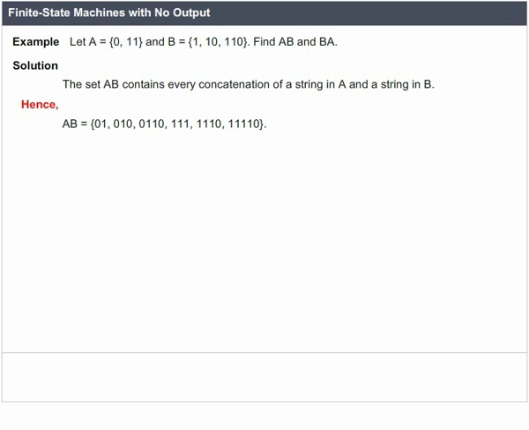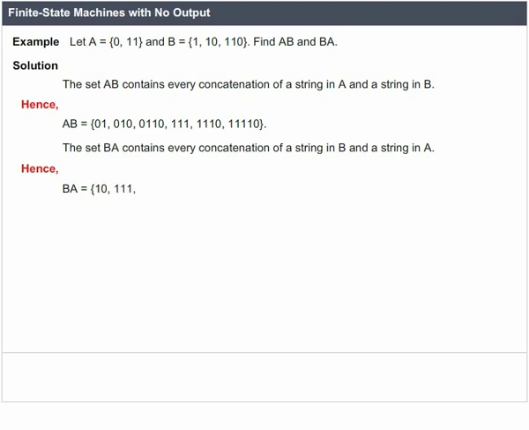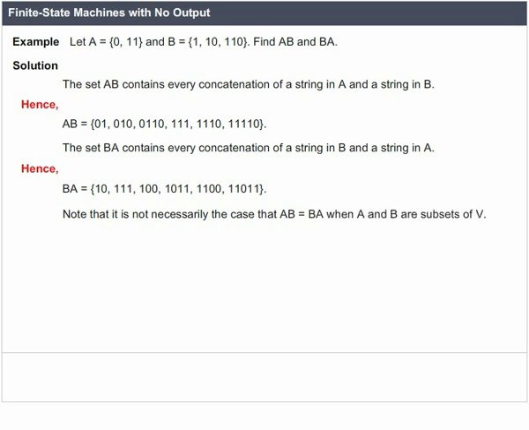The set BA contains every concatenation of a string in B and a string in A. Hence, BA = {10, 1011, 110, 1011, 11011}. Note that it is not necessarily the case that AB = BA when A and B are subsets of V*, where V is an alphabet, as Example 1 illustrates.